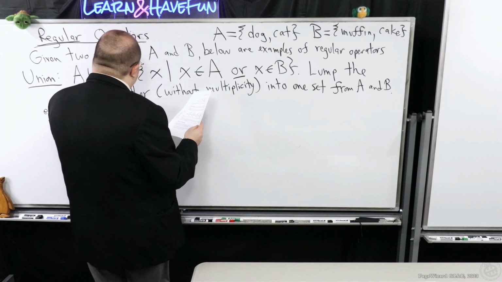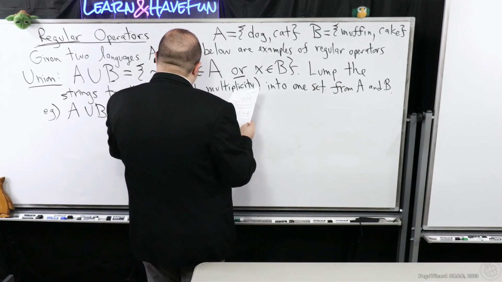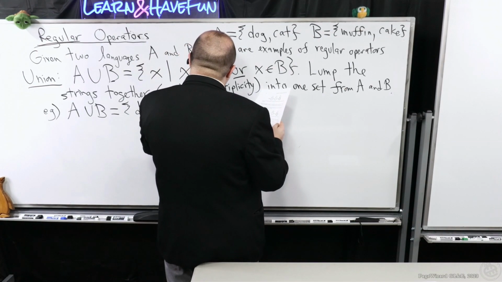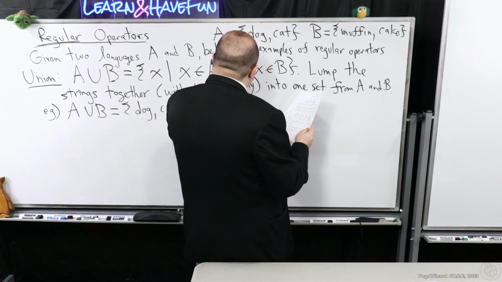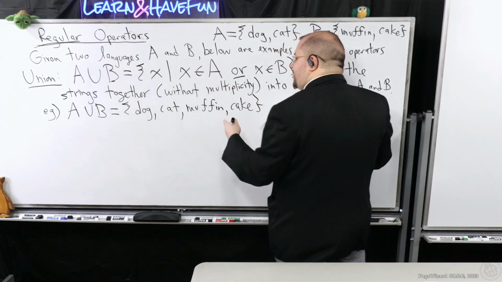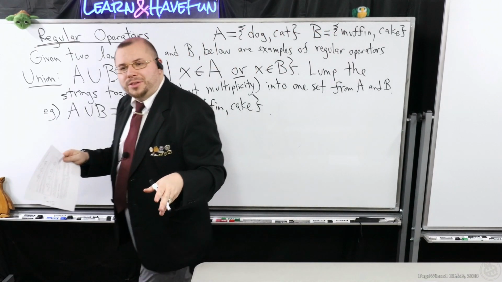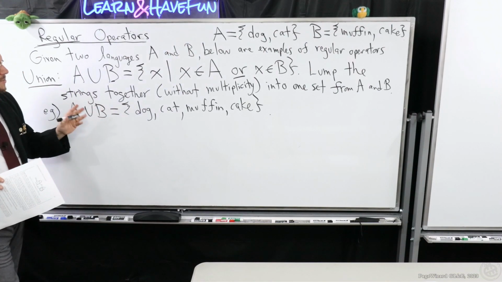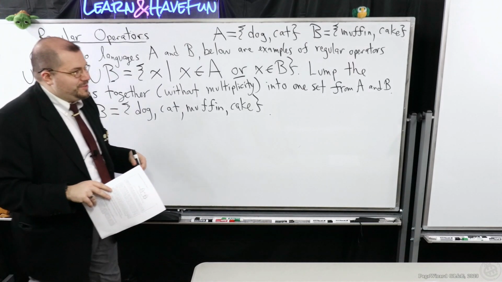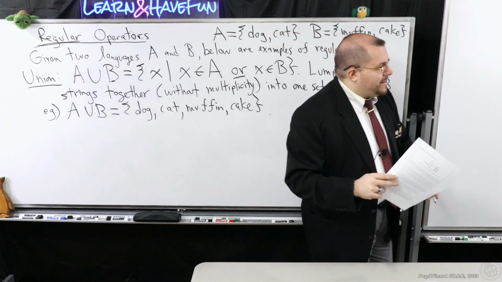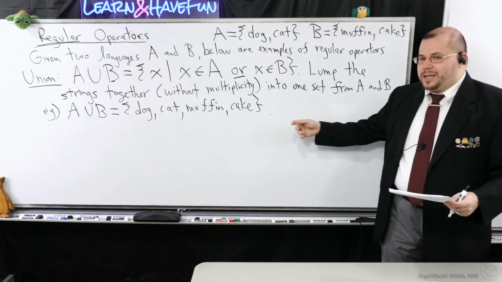It would have dog, cat, muffin, and cake. Notice how it just lumps all the strings together, and you don't include the duplicates. Even if language B had cat also in it, you wouldn't write cat twice. You would just have cat once. It's a set. Sets don't include duplicates.